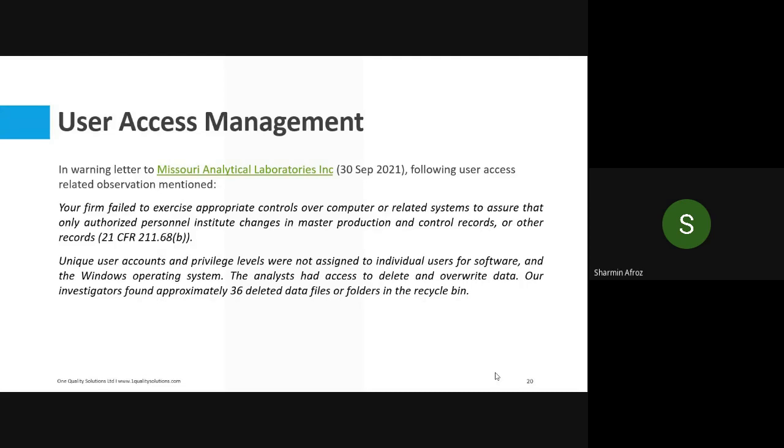So, what could be the ideal practice? Write in the chat box. Okay, then let's move to the next slide.